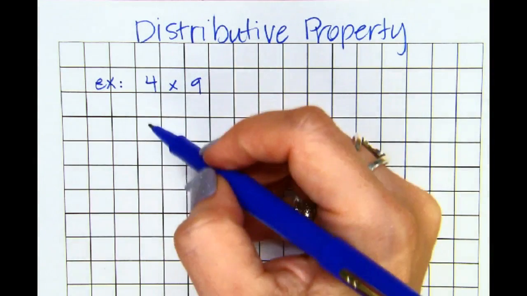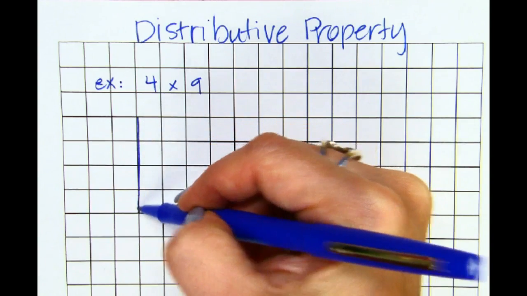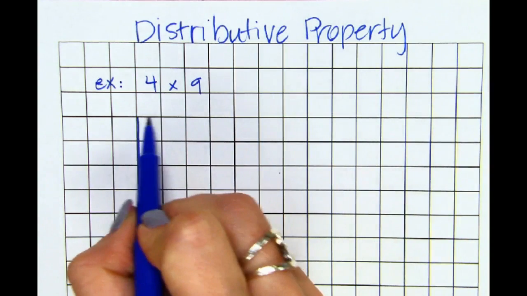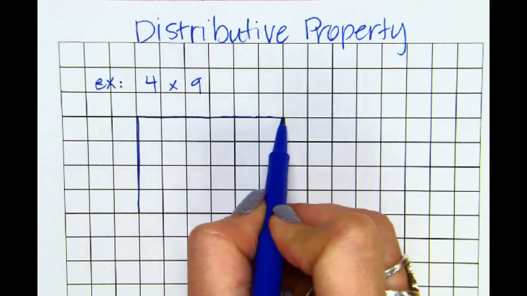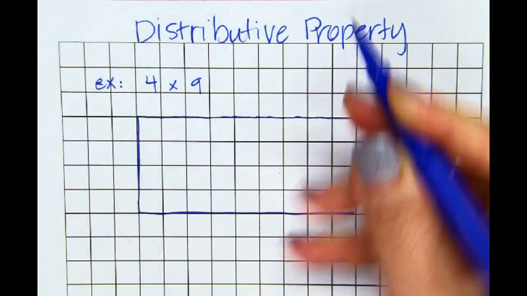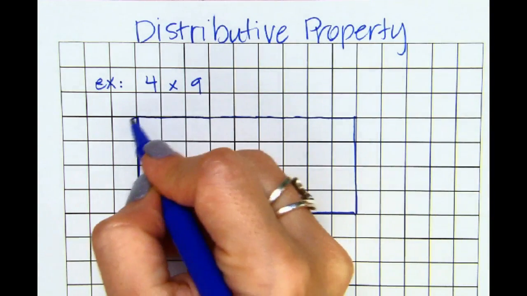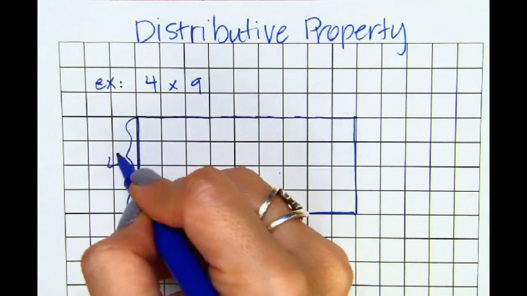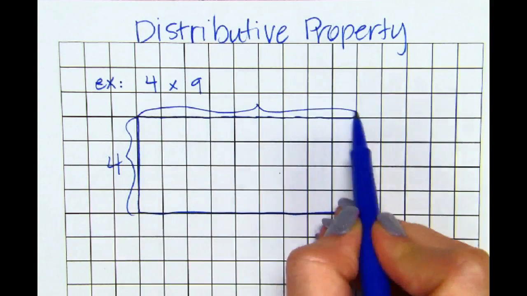If we make a multiplication array for 4 times 9, we go down 4 and across 9. So we have 1, 2, 3, 4, 5, 6, 7, 8, 9. We're going to illustrate how the distributive property works. Do you agree that we have 4 rows, 4 groups, and 9 in each group?